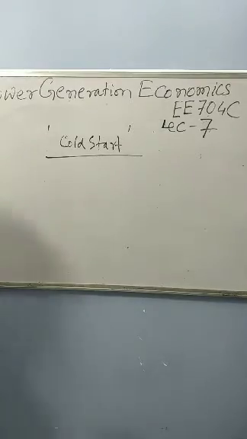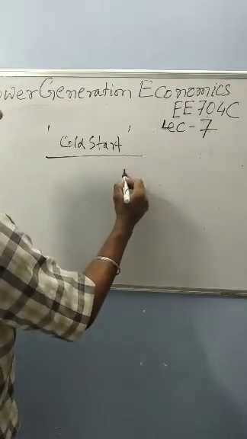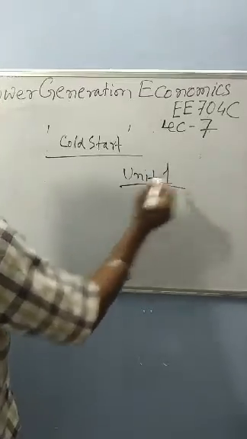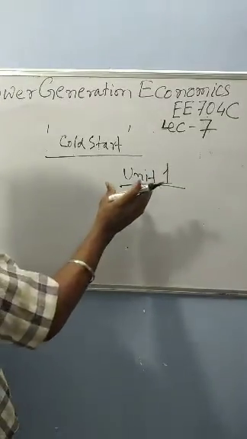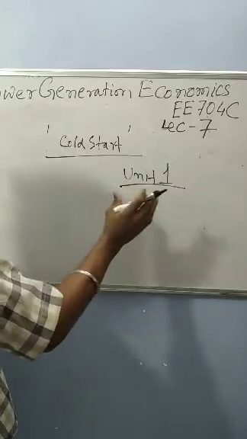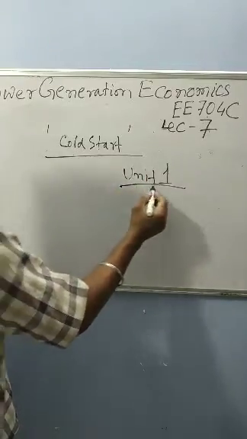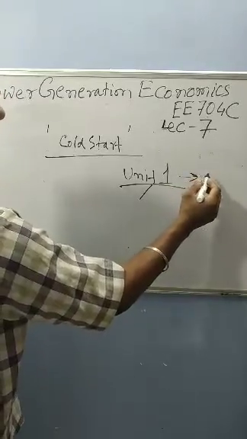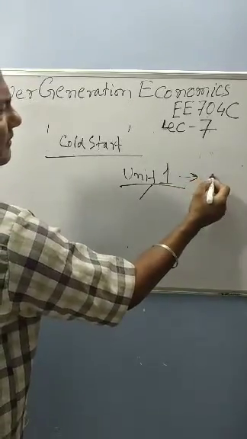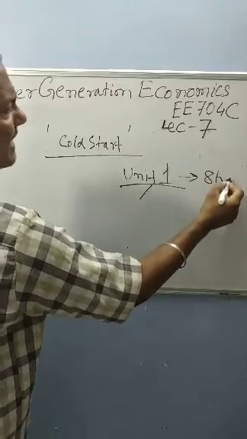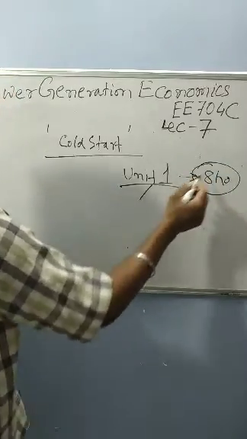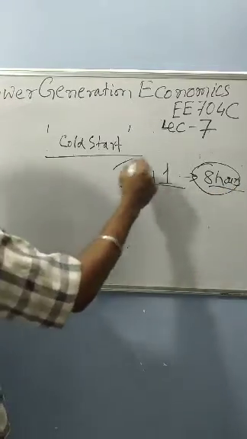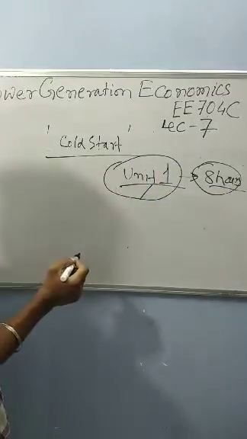That means, suppose unit 1 has been shut down for a certain period of time, and it has just completed its minimum downtime. Suppose the minimum downtime is 8 hours and it has just completed 8 hours, and the operator thinks to start up here.